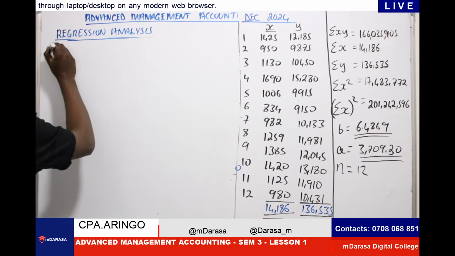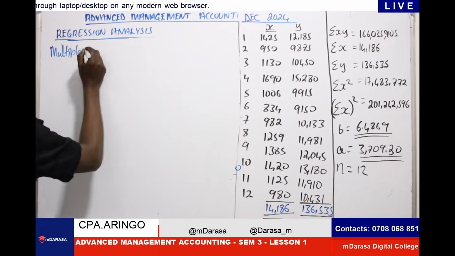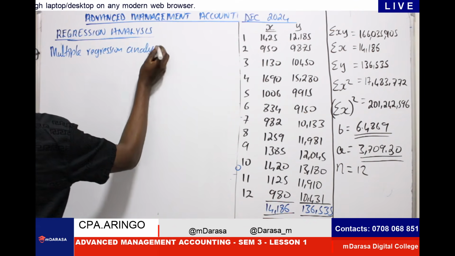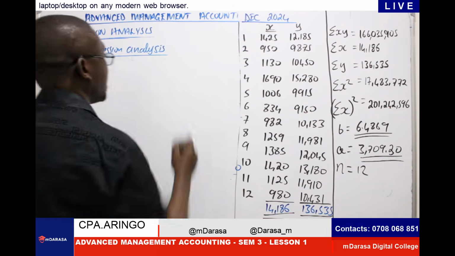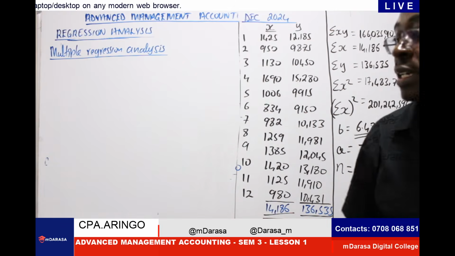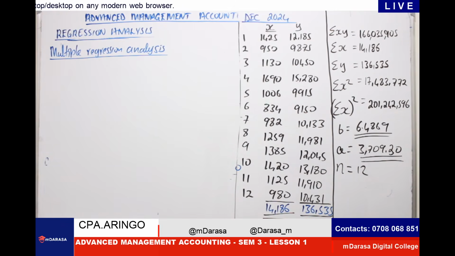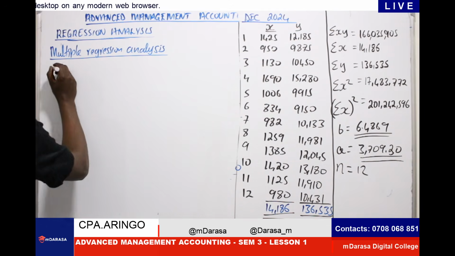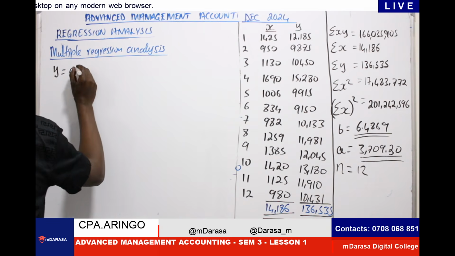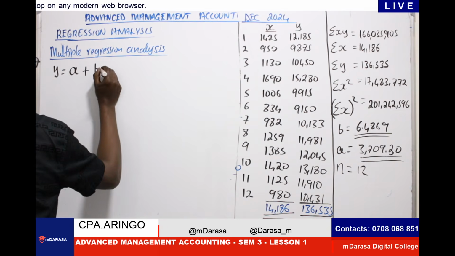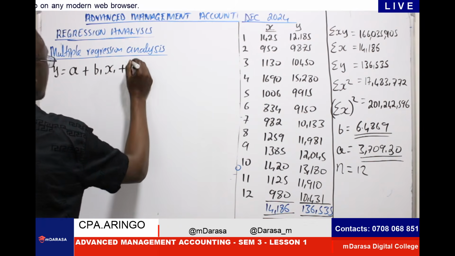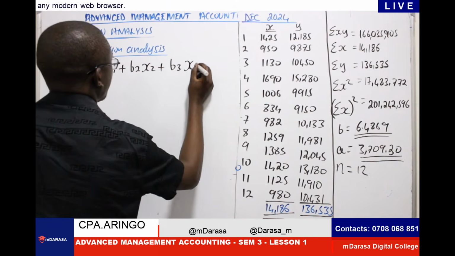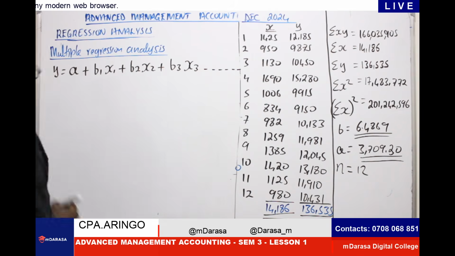So looking at multiple regression analysis, one thing that we need to understand is that at this point we are looking at my equation to be in the form of y is equal to a plus b1 x1 plus b2 x2 plus b3 x3, to the number of variables that I'll be having.